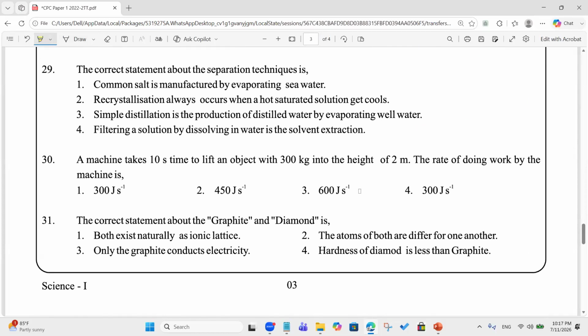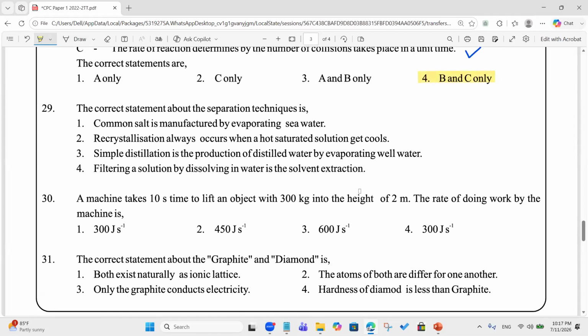29. The correct statement about the separation technique is? Can you tell me your answer? What is the answer? Common salt is manufactured by evaporating seawater. Yeah, that is correct. But we'll see the others.